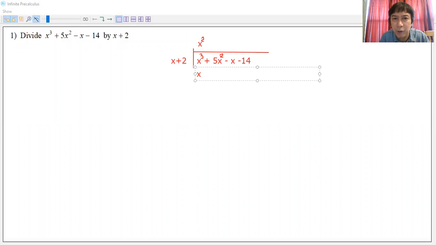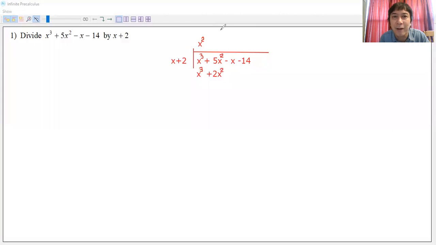Then the next term is x squared times 2, so that will be 2x squared. We're multiplying the quotient x squared by the divisor.